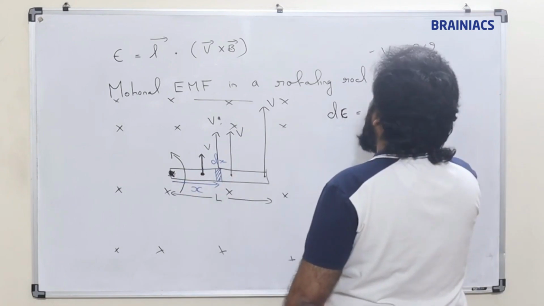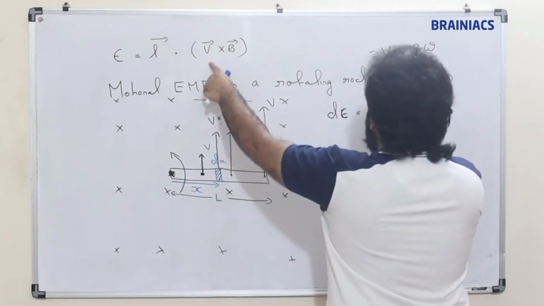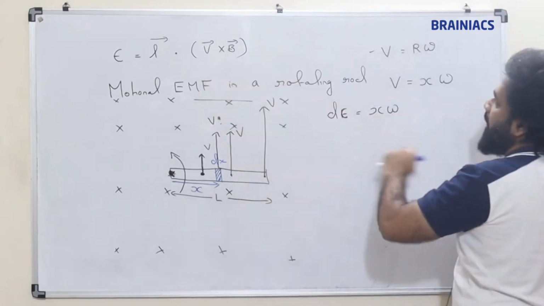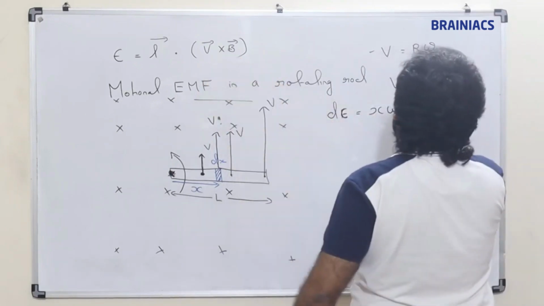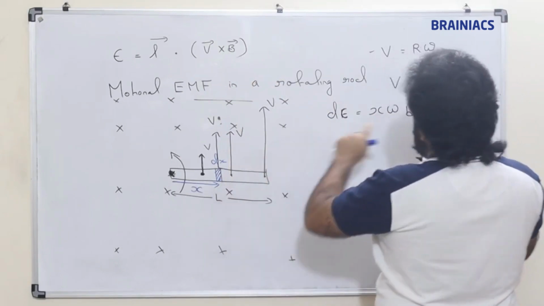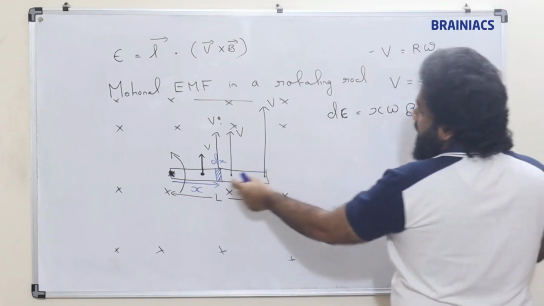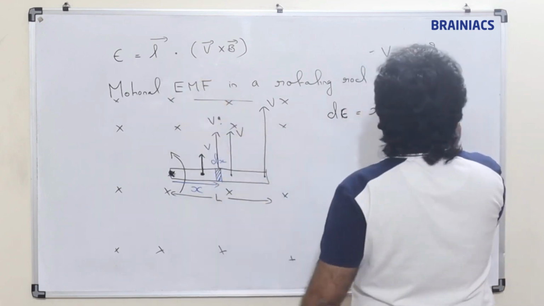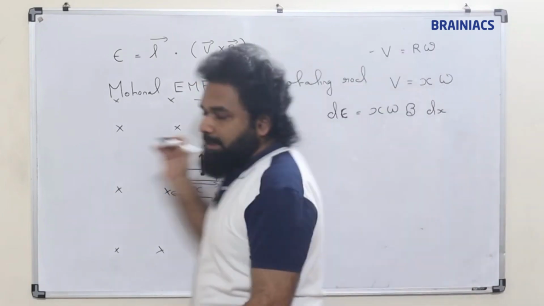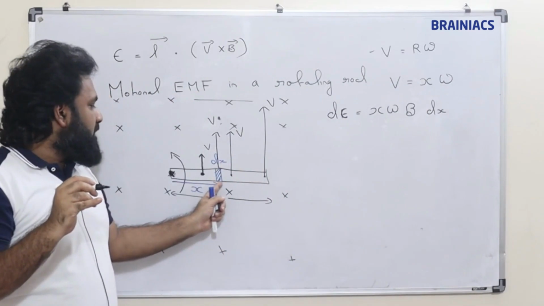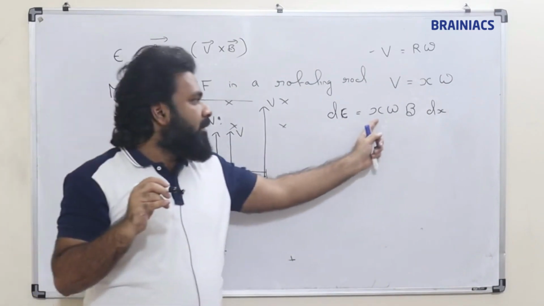So instead of V, I write x omega, then the magnetic field B, then the length L, which is nothing but this distance dx. Is it clear? Small EMF between these two points is equal to what?